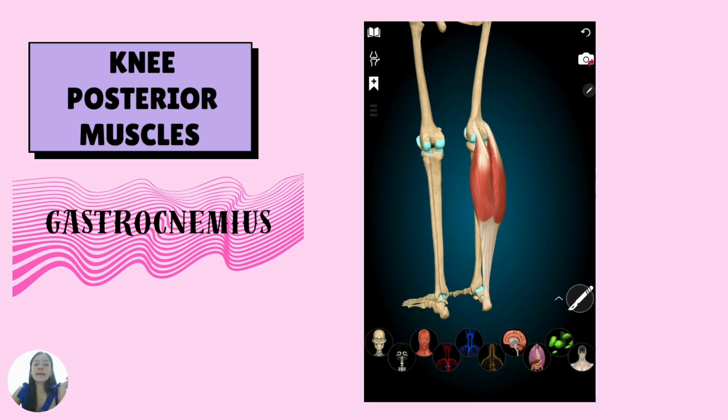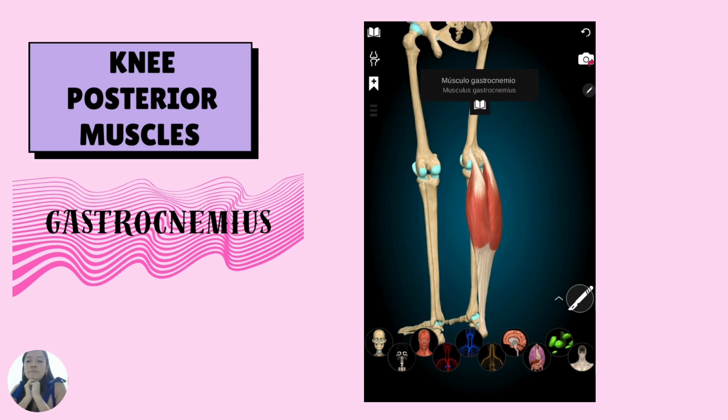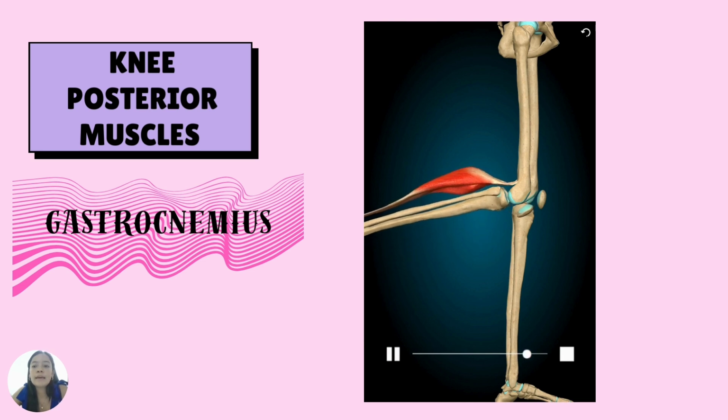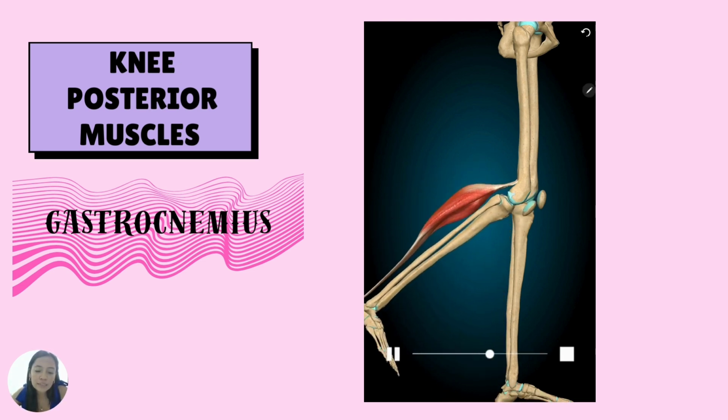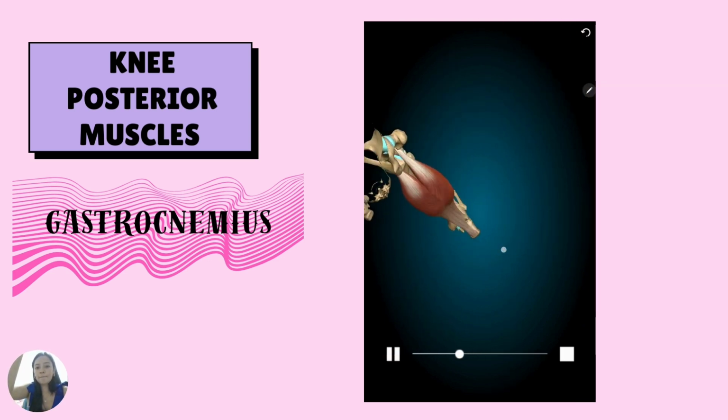The next one is the gastrocnemius muscle. This is a large, visible muscle with two heads, the medial and the lateral one, that we can see in this part of the video. It contributes to the knee flexion and is also more active at the ankle, in the base of the leg.